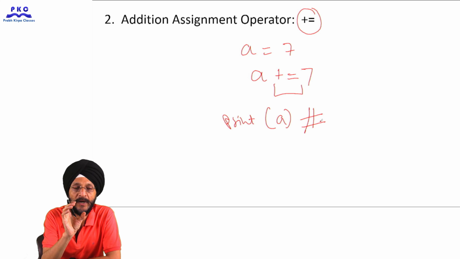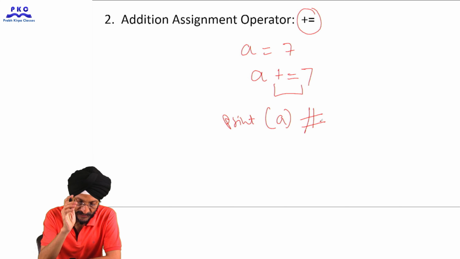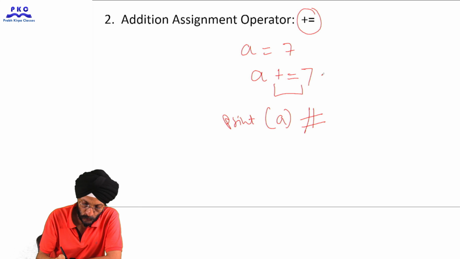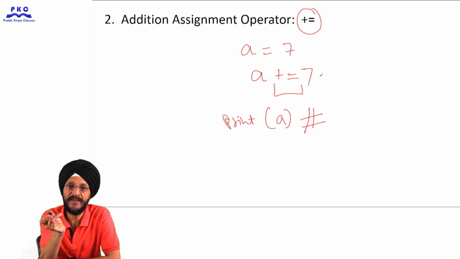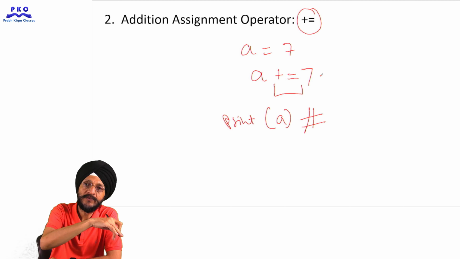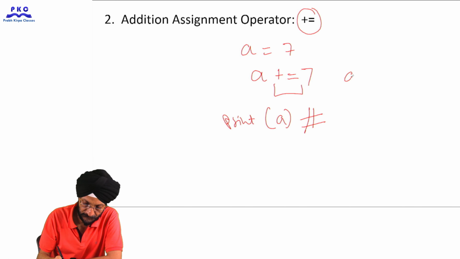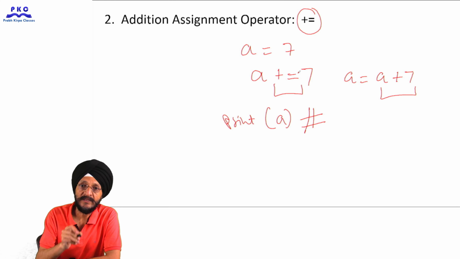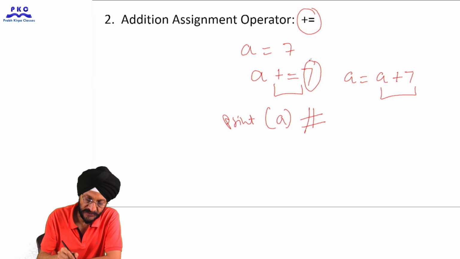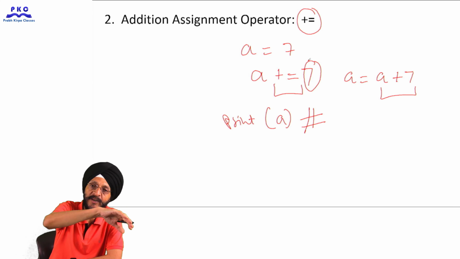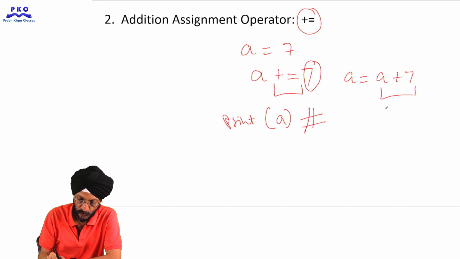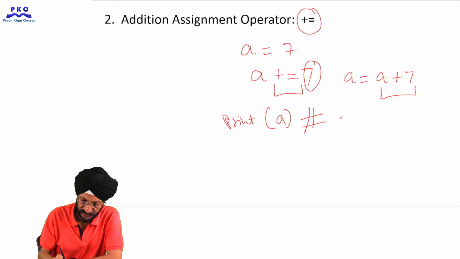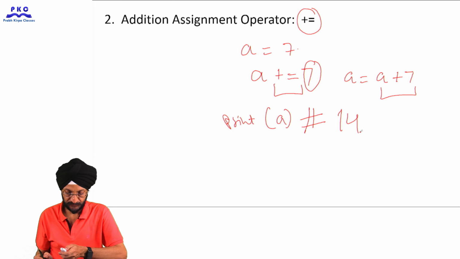This addition assignment operator adds the value written on the right hand side to the value of the variable. It means a is equal to a plus 7. So what will be the output? a plus 7, 7 plus 7, the output will be 14.